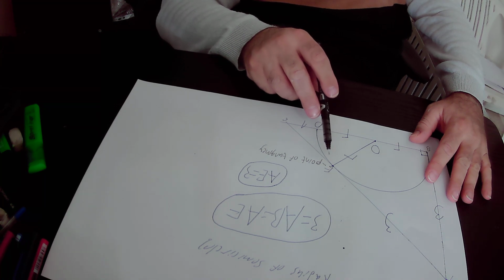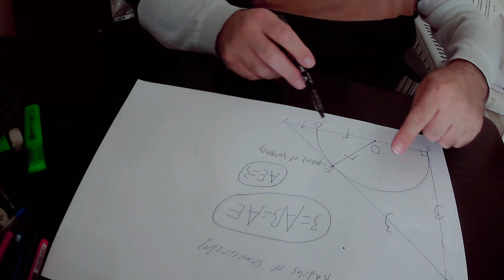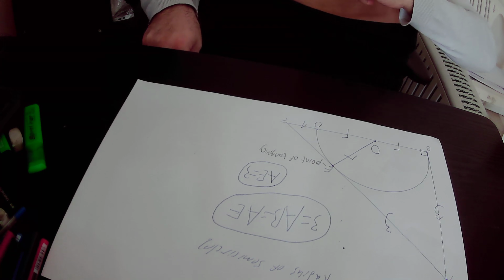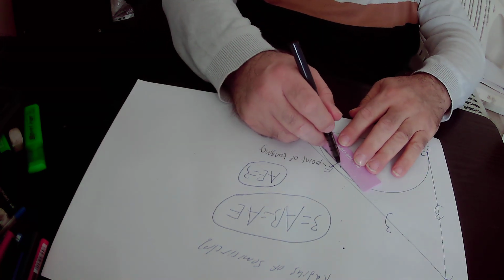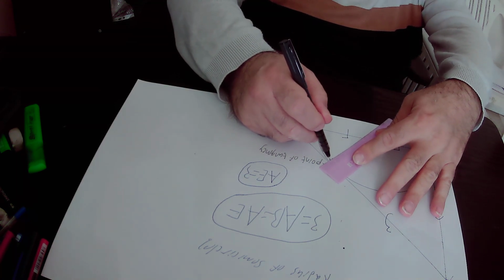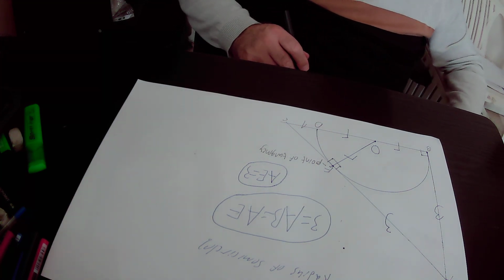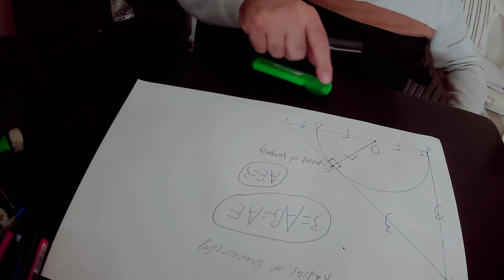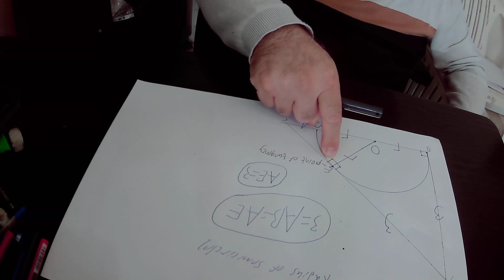Therefore, the tangent AC is perpendicular to this radius drawn to the point of tangency. That is to say, this angle equals 90 degrees and this angle also equals 90 degrees according to rule number 2. So angle OEC equals 90 degrees.